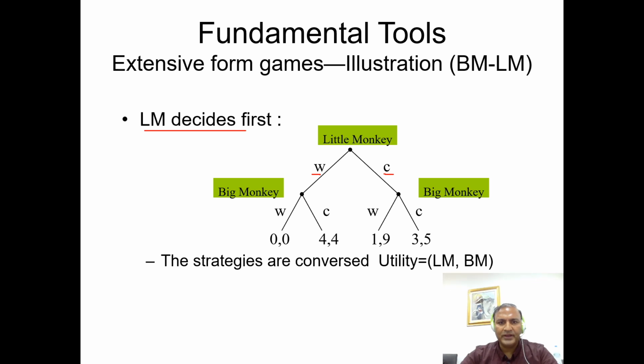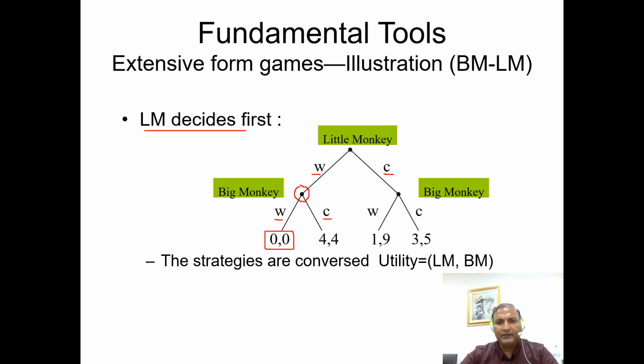So if he decides to wait for the fruit, then there are two actions available for the big monkey. He can decide to wait as well, or he can decide to climb up on the tree. If the big monkey also decides to wait, then there will be no fruit, so the payoff for both players will be equal to 0, 0.